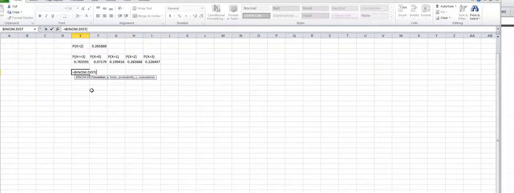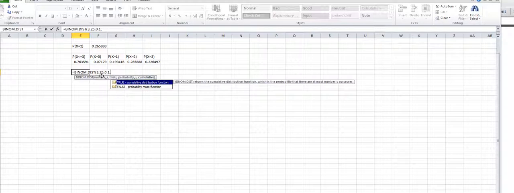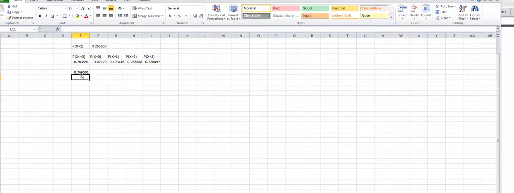The number of successes, you just consider the boundary value, so that is 3, trials 25, probability 0.1, and now we consider to accumulate from 0 to 3, so we are considering the cumulative distribution function, so you type in true. Now we got exactly the same probability as we calculated before. So this is another way to get the cumulative probability distribution.